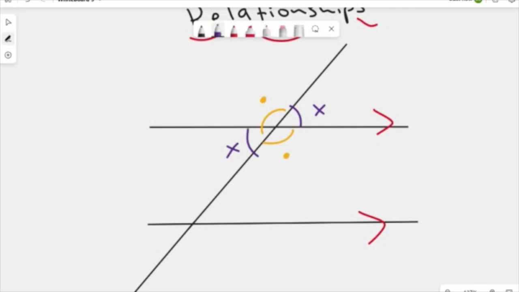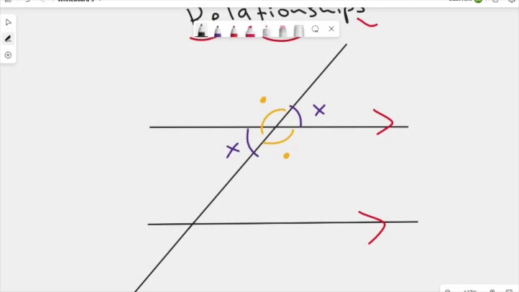Now, for the next step, we're going to look at this particular angle here. And I'd encourage you at home to draw two parallel lines, draw a straight line transversal through them, make them as accurate as you can, use a ruler and everything.